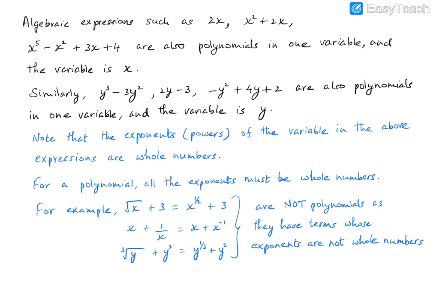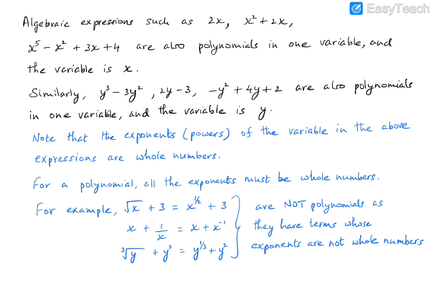Now, we further have other types of expressions. Here again we have expressions which contain only a single variable, but we now have more terms. So for example, 2x has a single term and a single variable, so it's only one term, 2x, and the variable is x.